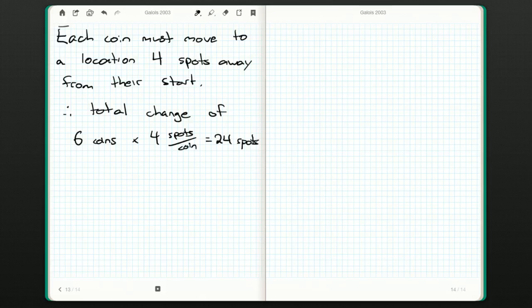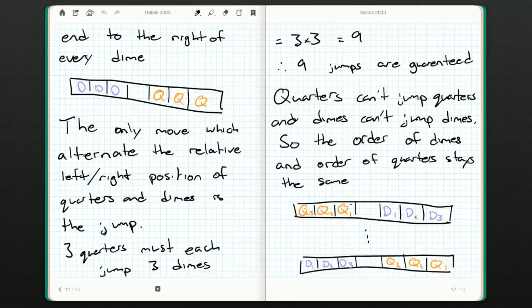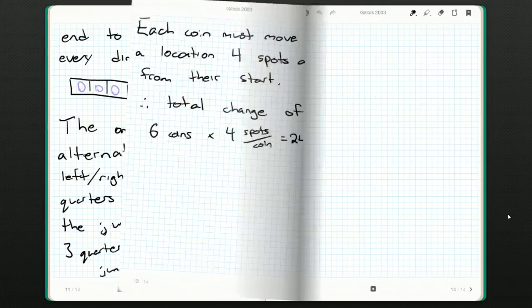Does that mean they move 24 individual spaces? No, not at all. Because if we were just doing shifts and you could somehow sort of phase through dimes or occupy the same space as dimes, then yeah. But jumps don't move us a single spot at a time. They move one of the coins 2 spots.